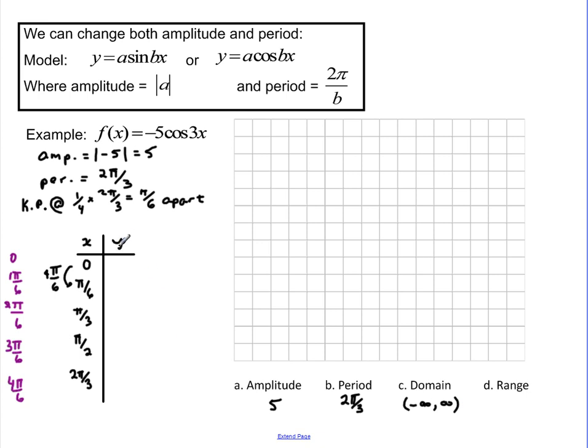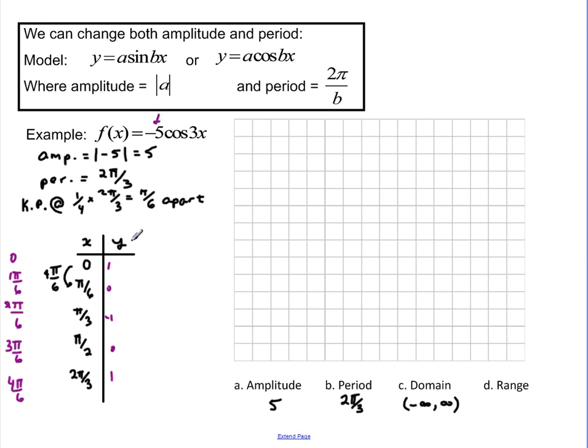For the y values, we're going to take each of our y values and multiply them by -5 this time. So if you recall our cosine template, normally would have gone 1, 0, -1, 0, and 1. But we multiply each of these by a.